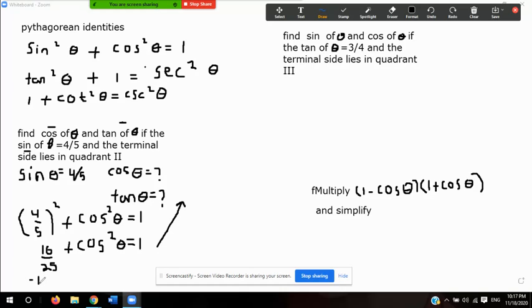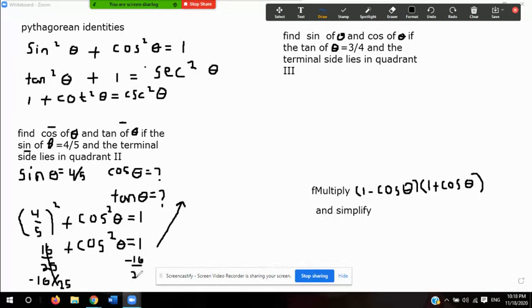So I'm going to subtract by 16/25, and this is going to cancel out, right? And then I have 1 minus 16/25.